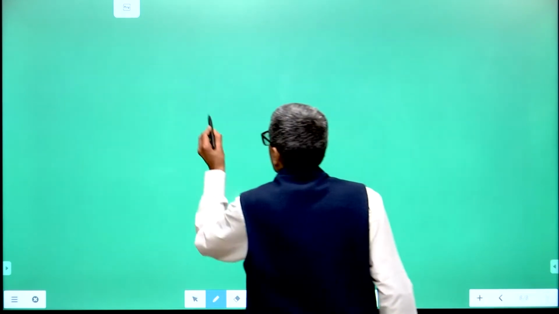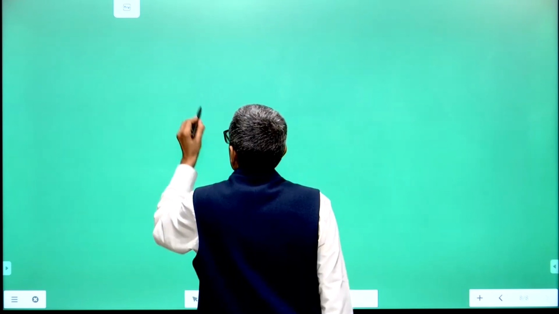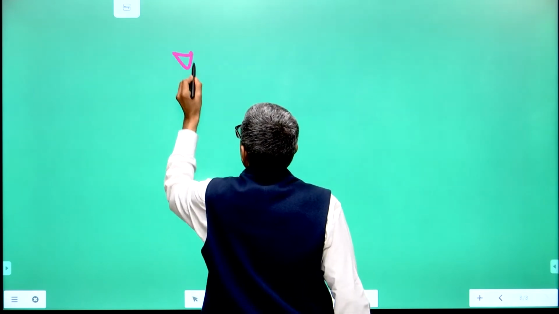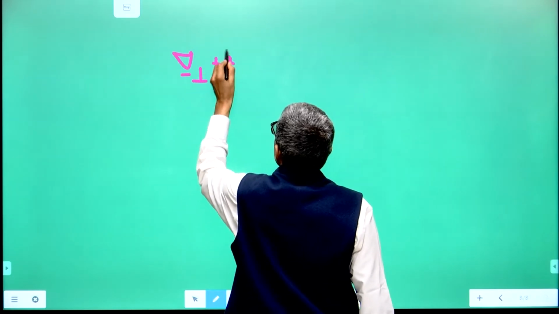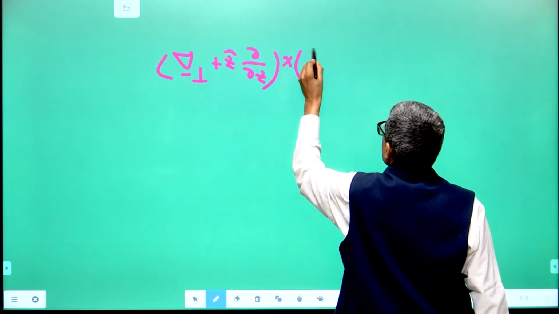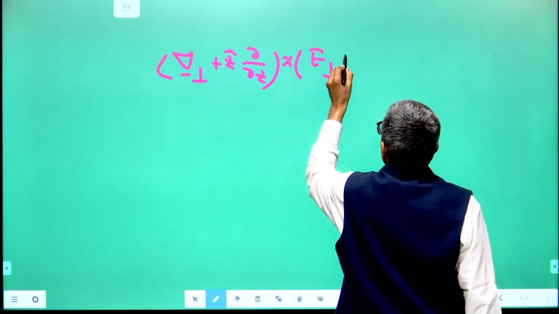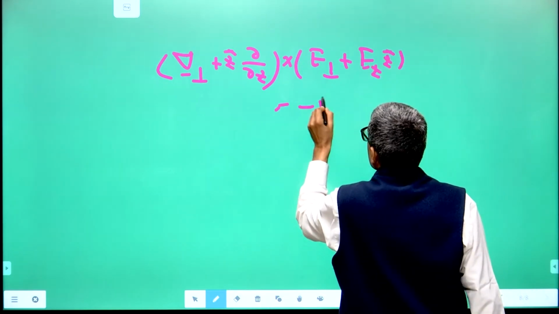So if you write down the equations finally for Ez and Hz, if you substitute it in the third Maxwell equation, what is the third Maxwell equation? Del perpendicular plus z cap dou by dou z cross E perpendicular plus Ez z cap is equal to minus j omega.